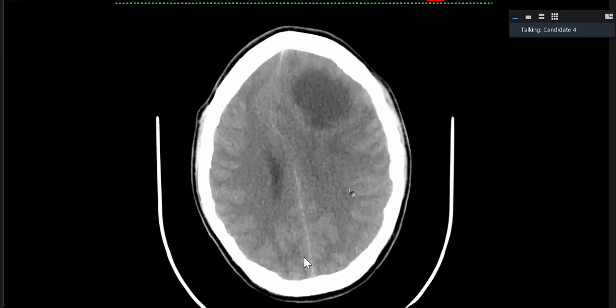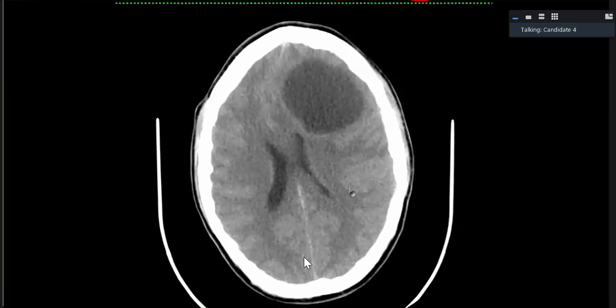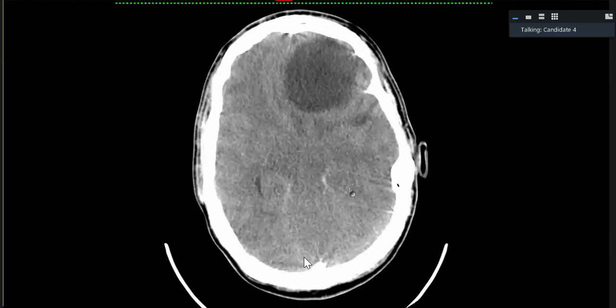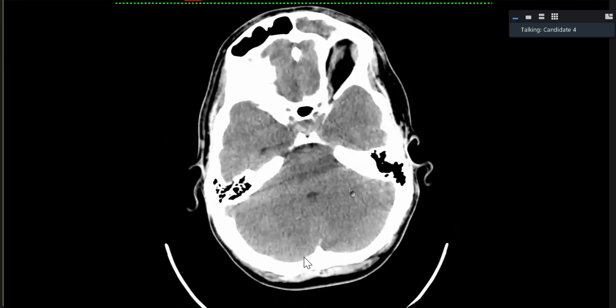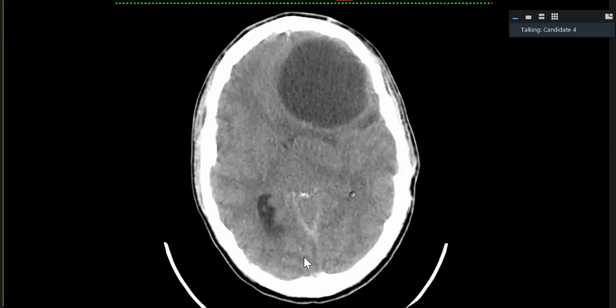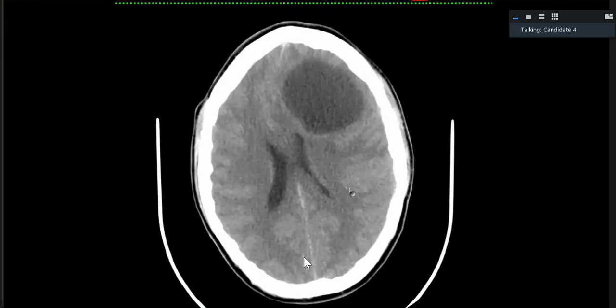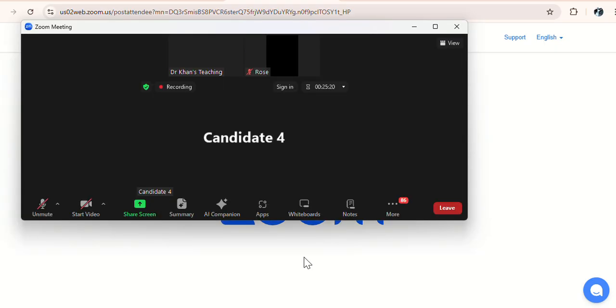It is causing significant mass effect over the frontal horn of the left ventricle. I am looking at the rest of the brain parenchyma. No other similar lesion is appreciated. As the patient has a history of fever, I would like to see the post-contrast images to see any peripheral enhancement in this area.